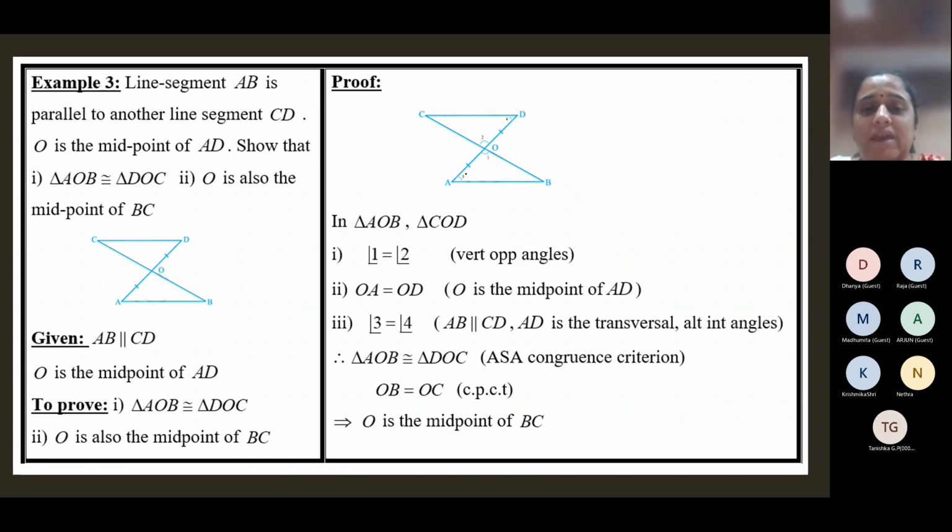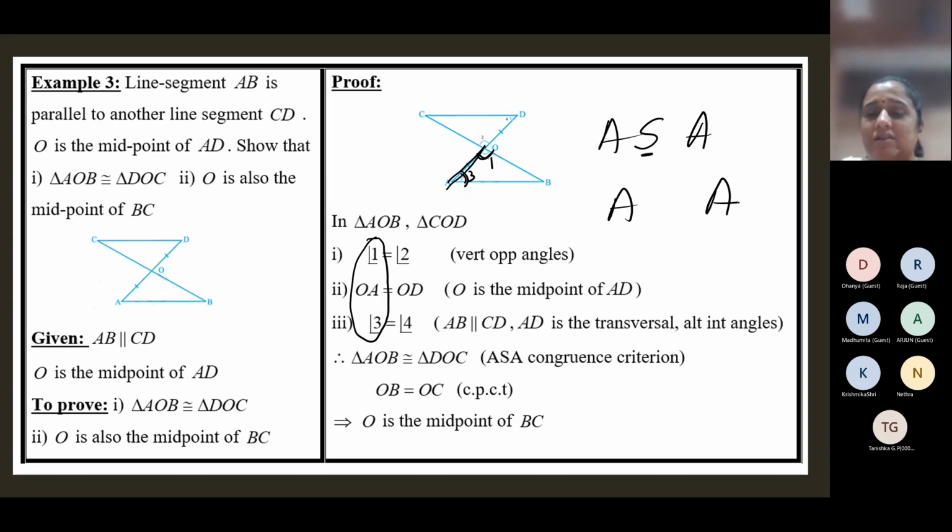Now in these two triangles, see what we have written here. We have written about angle 1, angle 3 and OA. Clearly for angle 1 and angle 3, OA is the included side: two angles and the included side. So ASA, see the side is in the middle, included between the two angles.